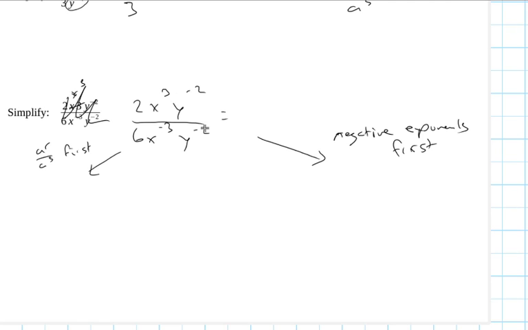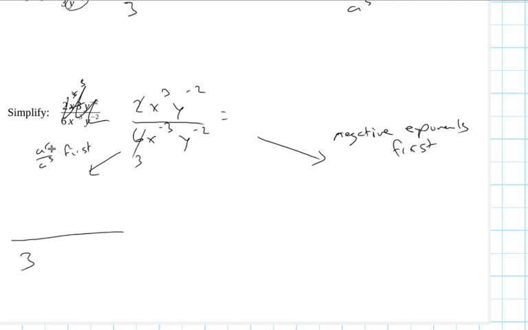Because I'm seeing there's negative exponents, I could deal with those laws of exponents, or I have x cubed over x to the negative 3. I have that sort of pattern happening. And so this says I should get x to the 3 minus negative 3. So let's go 2 over 6. I cancel a factor of 2 here. There's a 3 left behind. So there's a 3 in the bottom there.